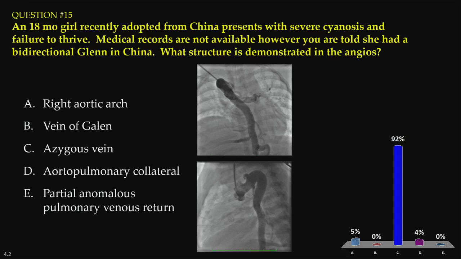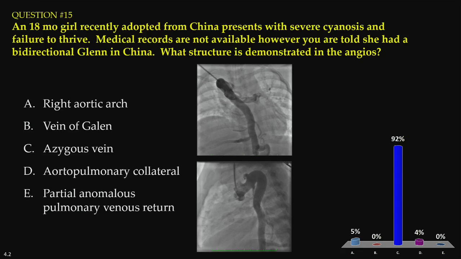If you leave the azygous, you've left a connection from the SVC to the IVC, which goes to the RA. So you've left a connection from SVC to RA, which the surgeons just separated. So part of the Glenn is to separate the SVC from the RA, but also to ligate the azygous vein. Whether they did this in China and the tie came off, or whether they didn't do this, we don't know.